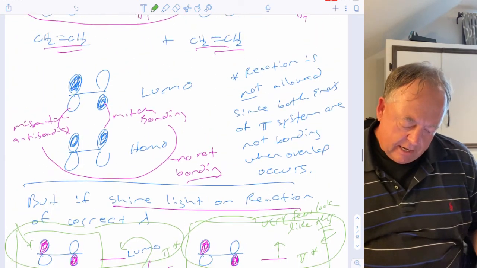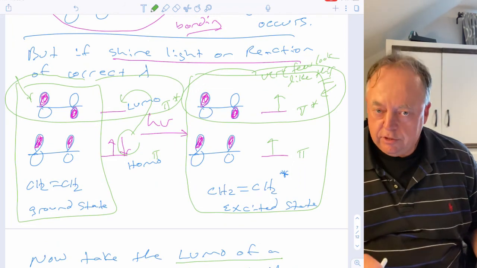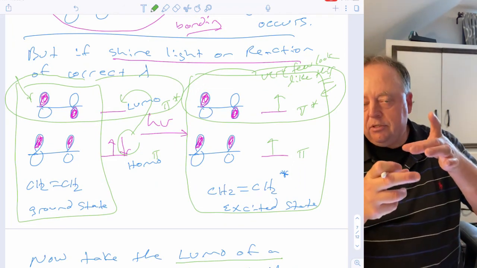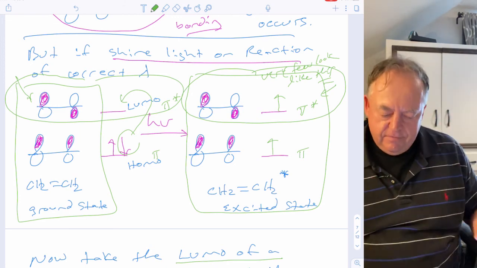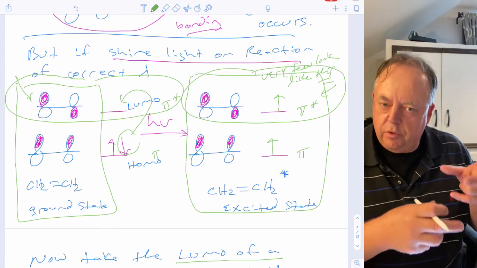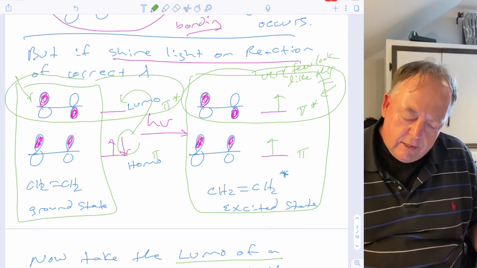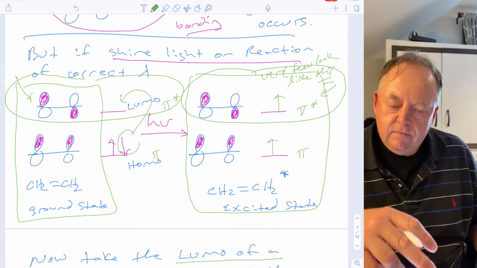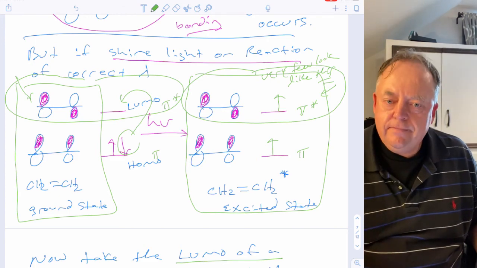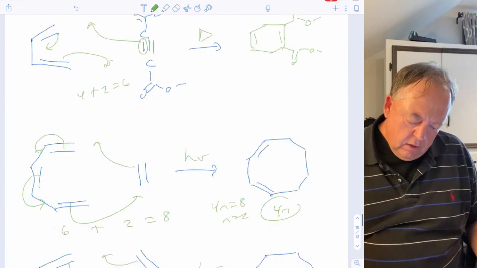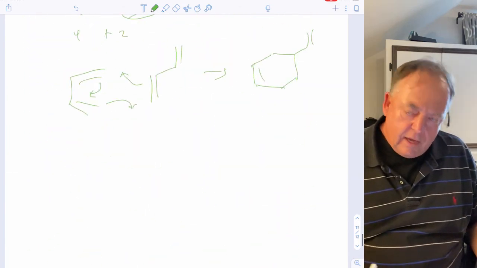And you have to take the highest occupied molecular orbital of one and the lowest unoccupied molecular orbital of the other molecule, and then see if the two ends match, if they're both in phase or not. If they're not in phase with heat, they will be in phase with light because you promote an electron, and that switches what would be the LUMO. Okay, so hopefully that makes sense.